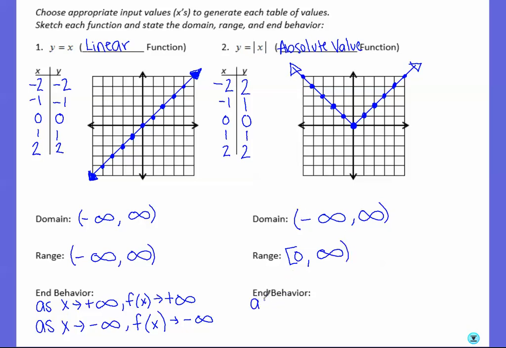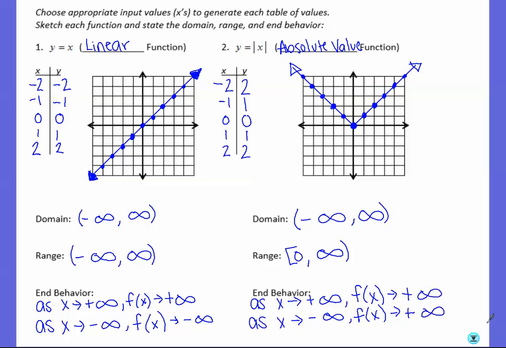And our end behavior. For absolute value, both of our ends are pointing up, so both of our end behaviors go towards positive infinity.